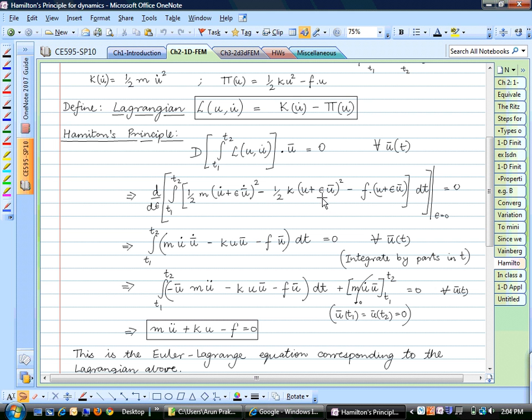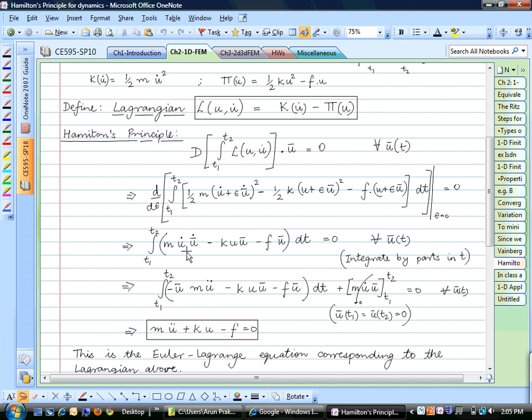There will be a derivative with respect to epsilon that comes here, and this term is linear, so that just boils down to this case. Now if you take this first term and integrate it by parts so that the time derivative moves from u bar to this, then you will get this equation.